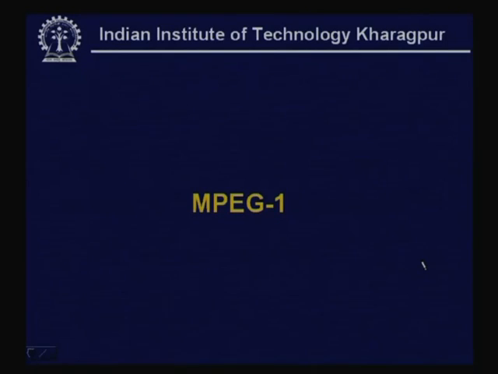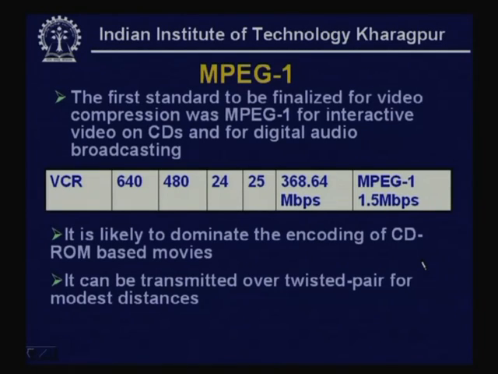Now, let us see what is performed by MPEG. MPEG 1 was the first standard to be finalized for video compression, for interactive video on CDs, and for digital audio broadcasting.